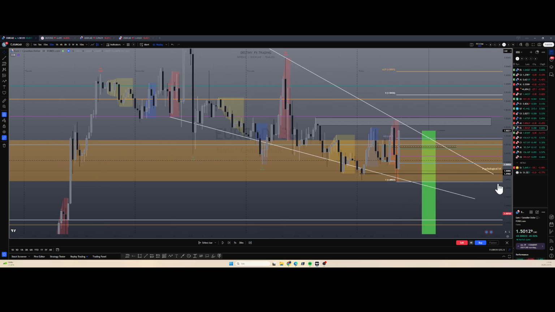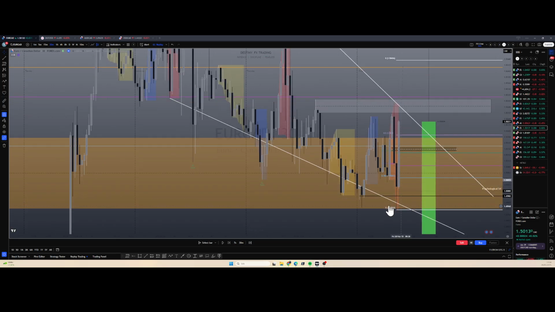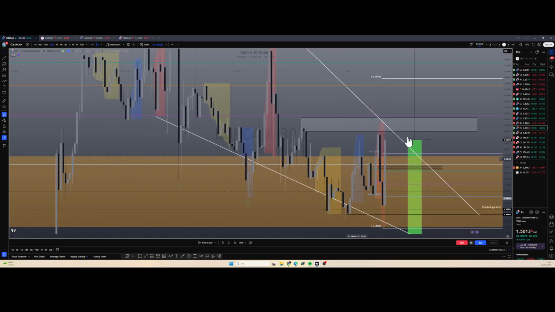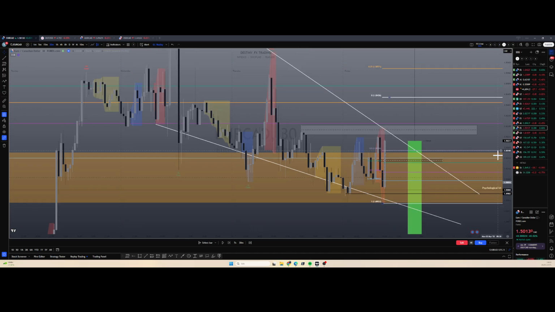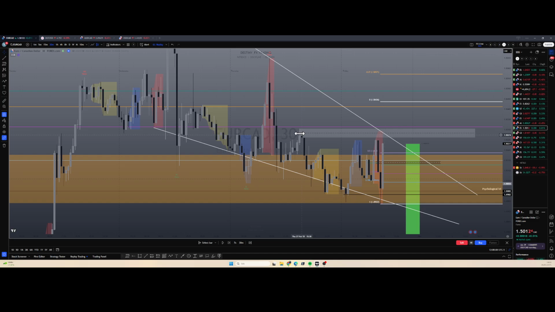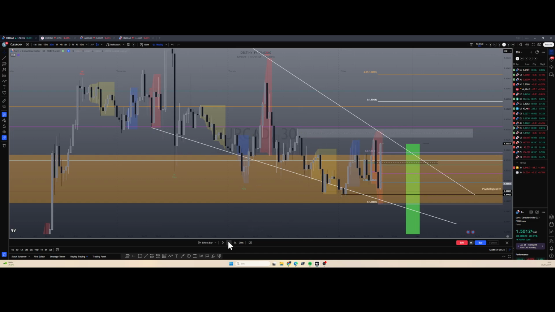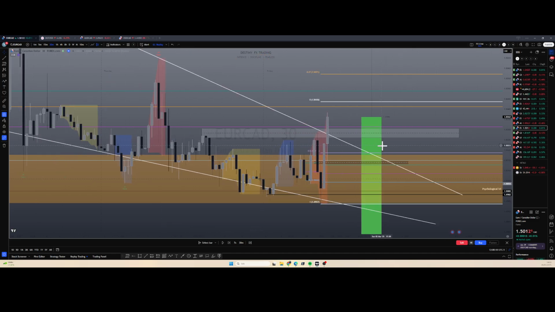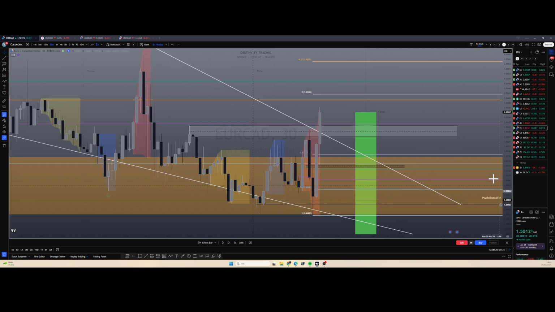We saw New York liquidating the Asian low and the London low, right? And then my confirmation to look for longs was that we need to close above this area on the M30, right? So I had to wait, and this is what we did with this 9:30 candle, and we had left this imbalance.